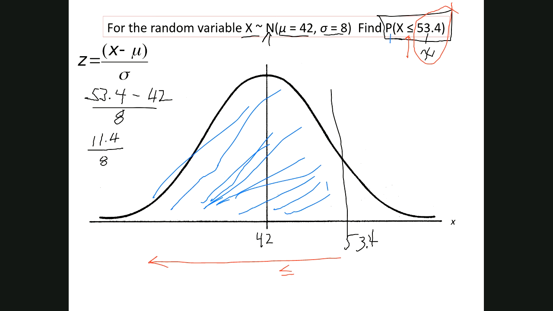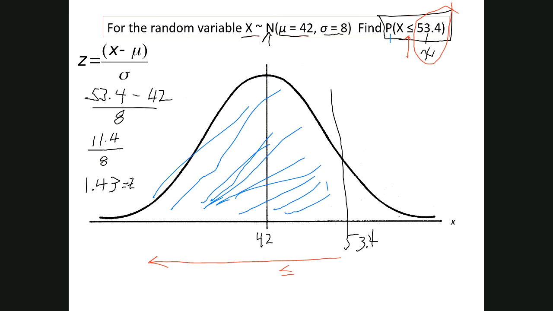And so that Z value is 1.43, rounded up, because we're only going to use 2 decimal places. It's actually 1.425, but this Z value is 1.43.